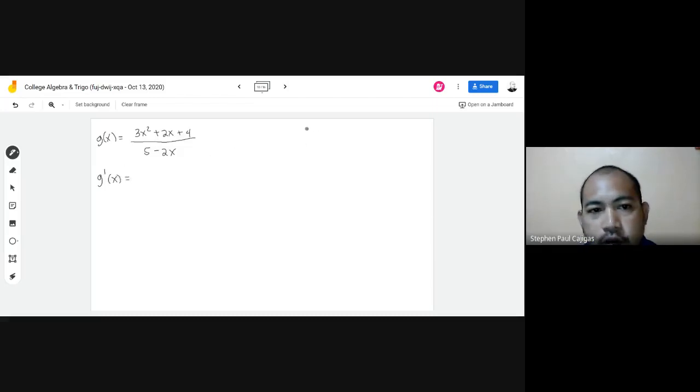So again, bubuhaton. Low d high, so copy at ada ubos, kuwat derivative it ada igbaw. Minus high d low, so copy it ada igbaw, kuwat derivative it ada ubos. All over low squared.